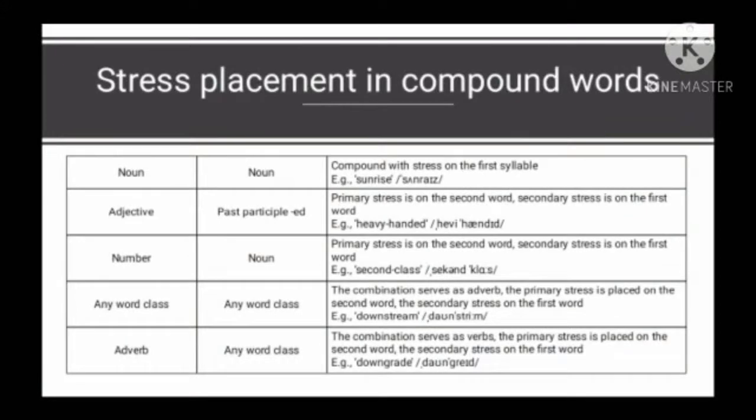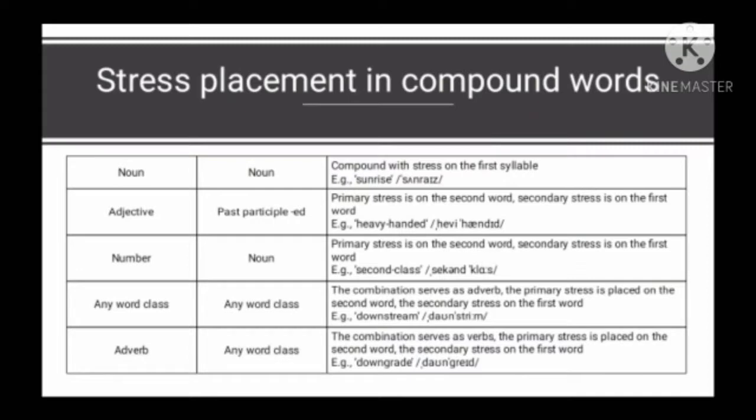Stress placement in compound words. If the compound word is made of two nouns, the compound stress is on the first syllable. The example is sunrise. If the compound word is made of adjective and past participle ed, then the primary stress is on the second word.